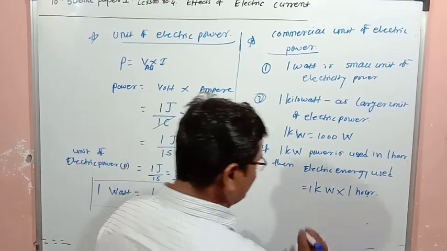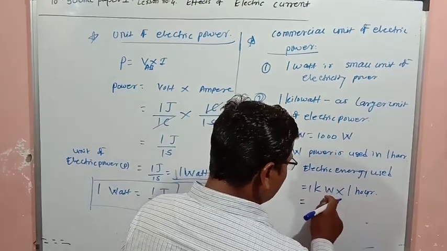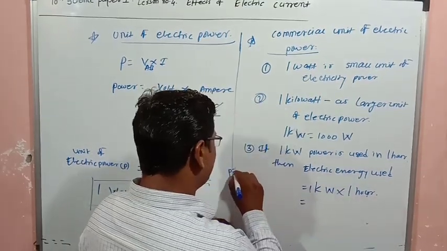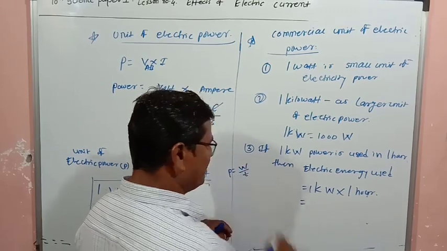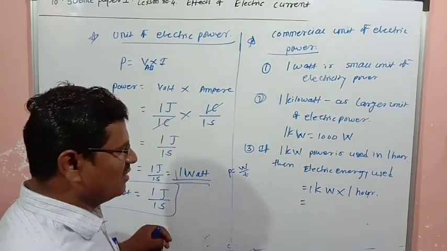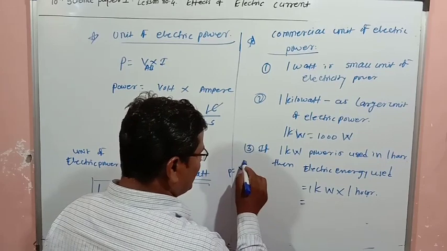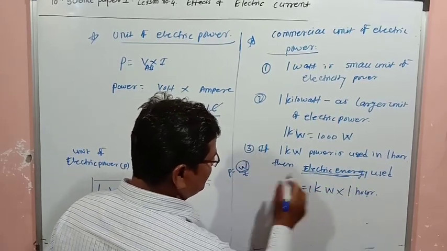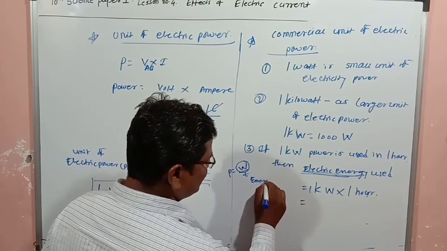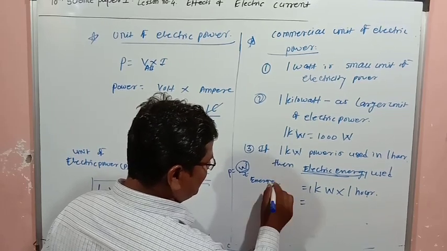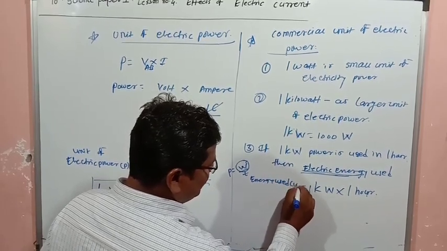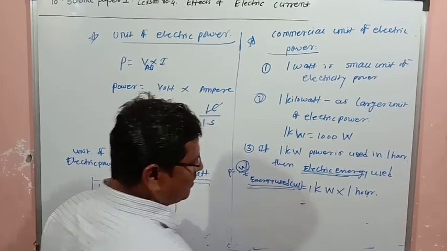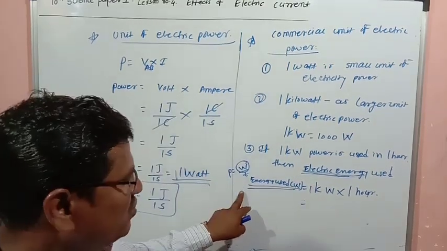So how did this come? Because power is equal to W upon T, and this work done is the energy used. W is equal to work done or energy used or heat produced.